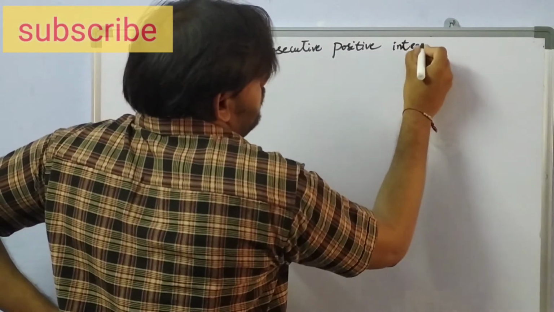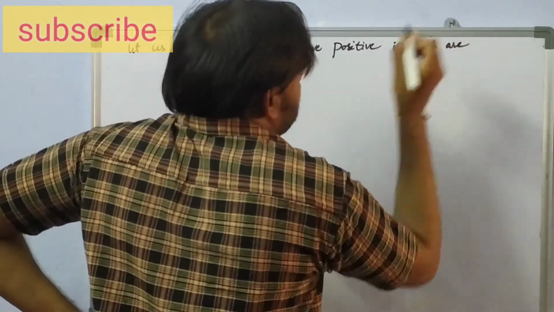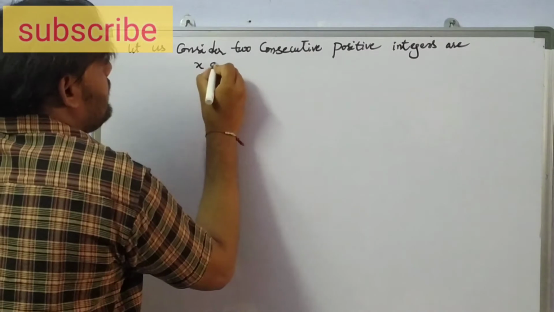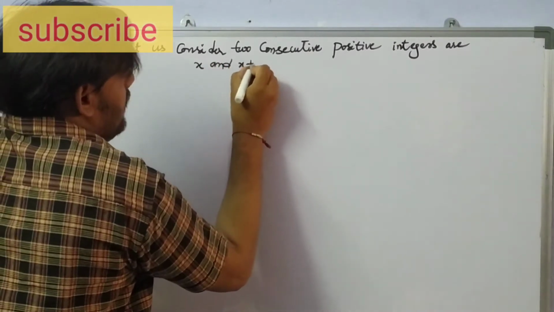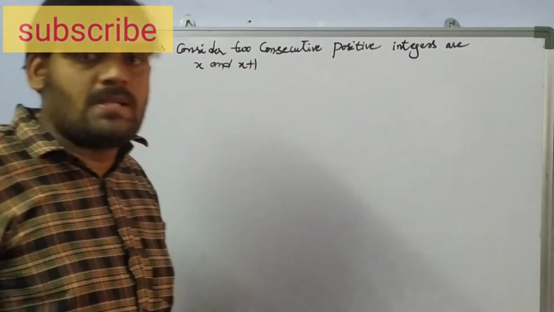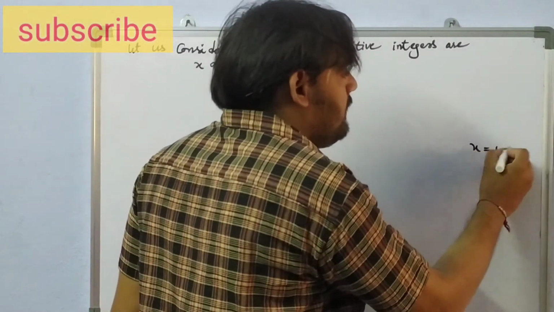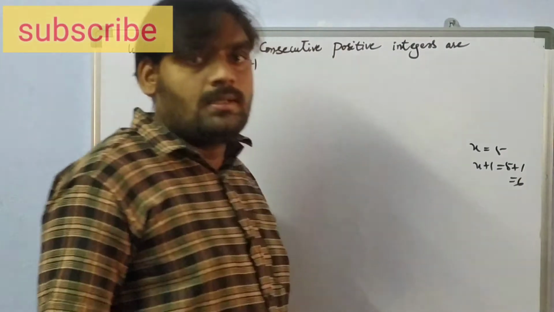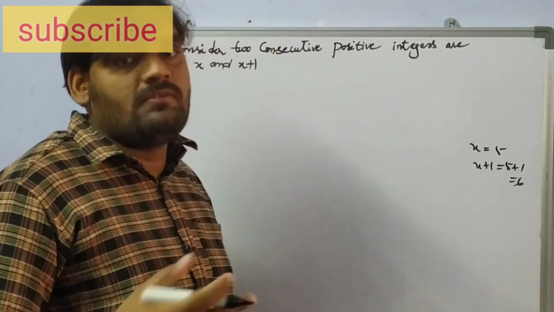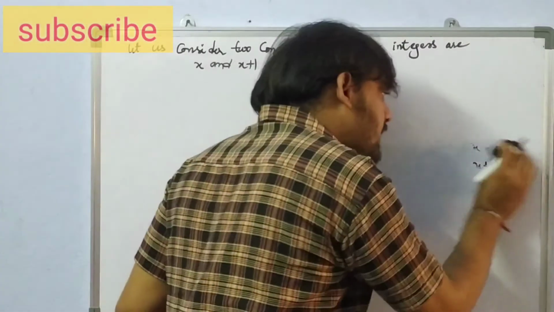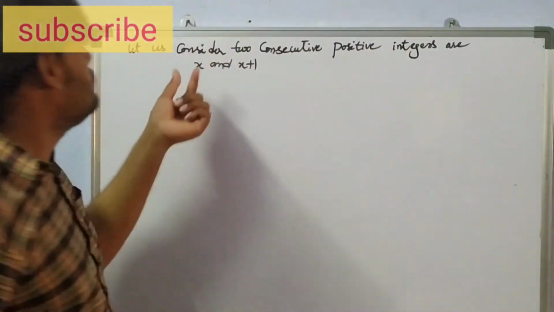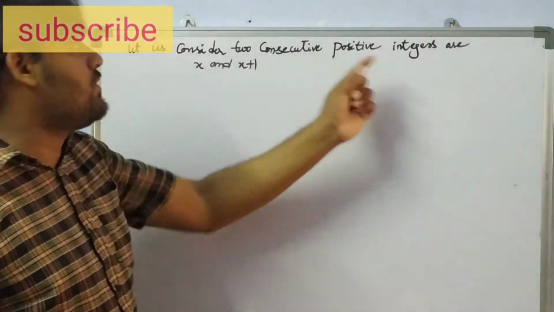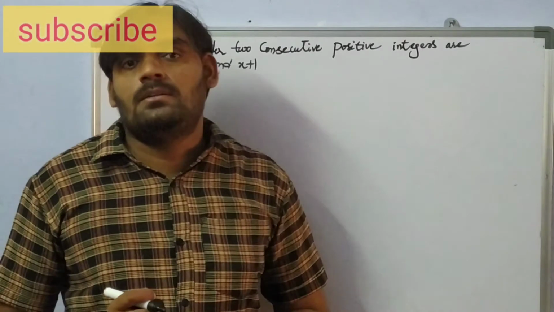Two consecutive positive integers are x and x plus 1. Suppose if x is equal to 5, then x plus 1 will become 6. If x is equal to 7, x plus 1 will become 8.